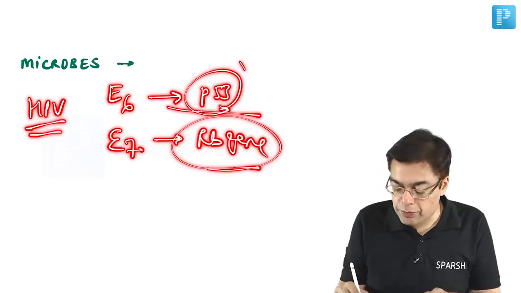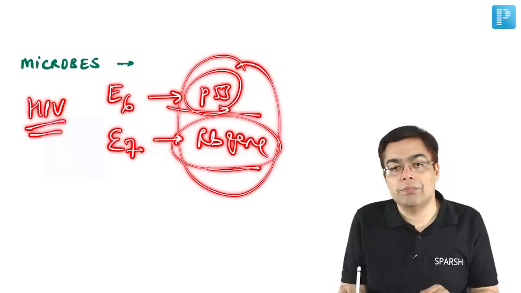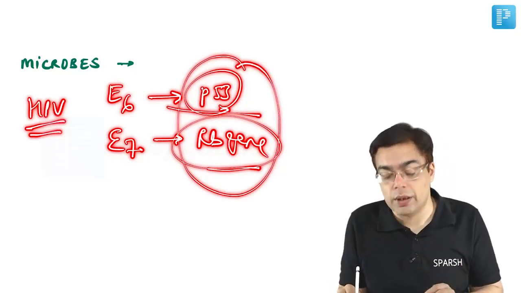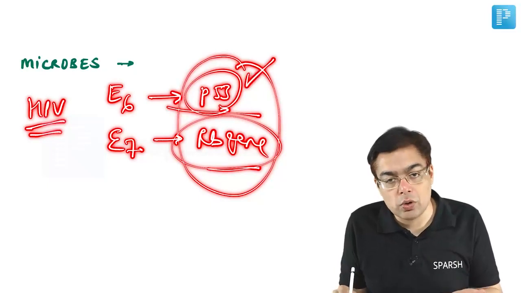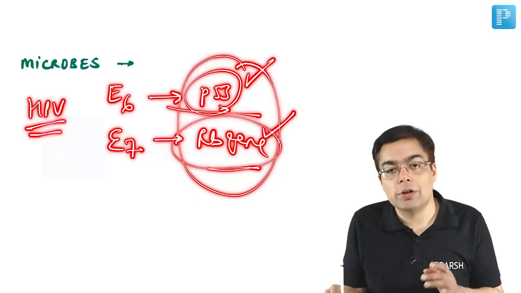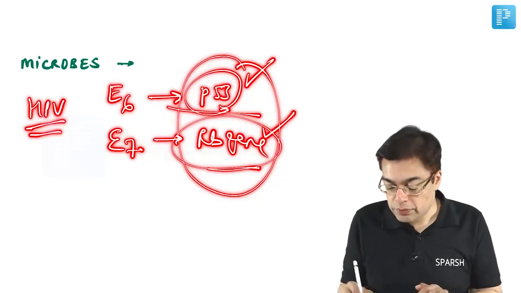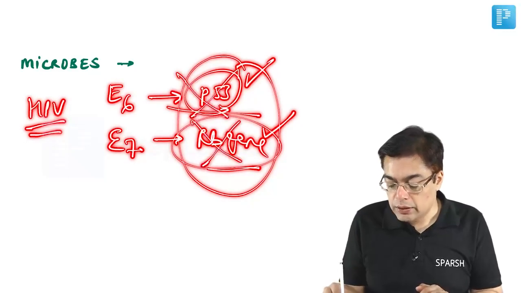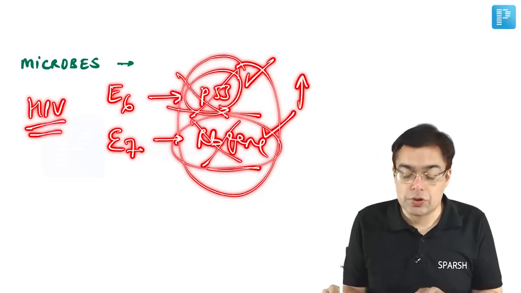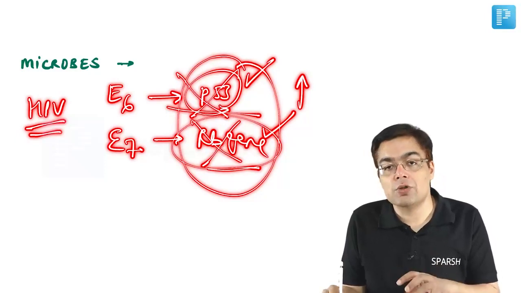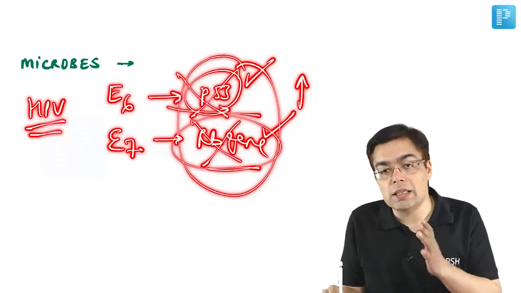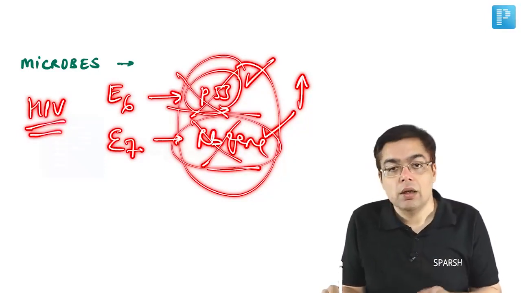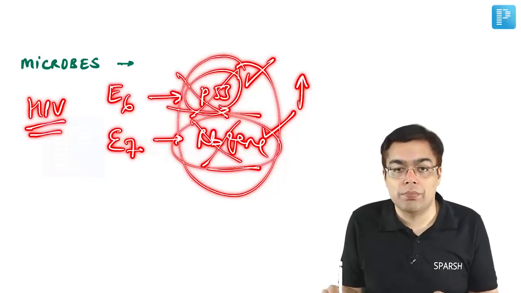Because P53 and RB, both of them are examples of genes, P53 being the guardian of the genome, and RB being an example of a tumor suppressor gene. So if their activity is interfered with, that enhances the risk of development of cancer. So remember the fact, E6 interferes with activity of P53, E7 interferes with activity of RB, and that is going to increase the risk of development of cancer.